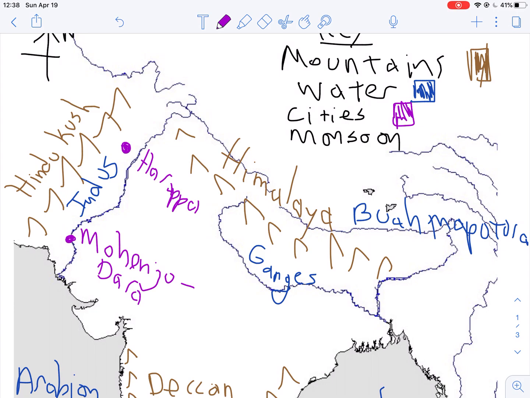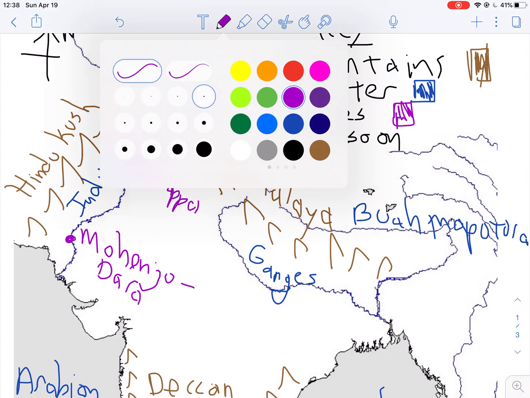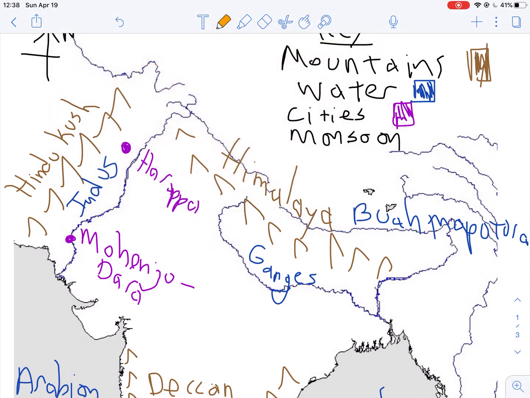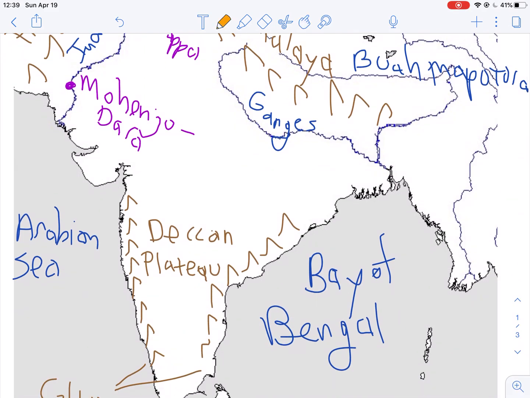And our last thing we're going to show are the monsoon weather patterns. Let's put those in orange. So there's two prevailing winds, okay? So one set is what happens in the winter. They are winds that come from the Himalayas, and they're very dry. It's known as the dry season, all right? They're bringing this dry, cold air from the Himalayas. So those are the winter ones.